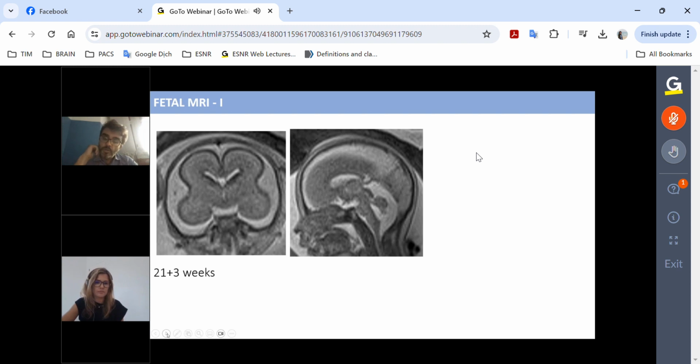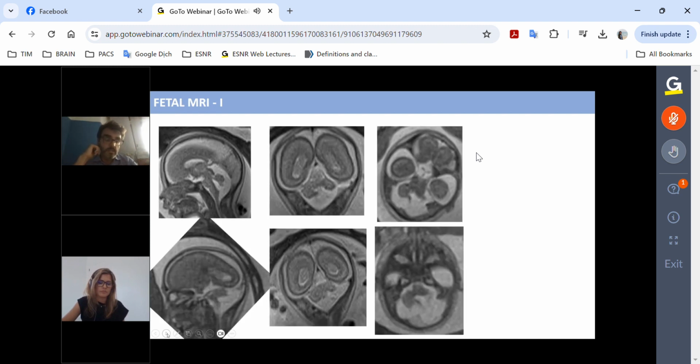This is just to show you that the supratentorial brain is basically normal for a 21-week-old fetus, but the problem is in the posterior fossa. Here you can see that there is clearly an asymmetry between the two sides of the cerebellum, with a large cystic space on the left side, and it looks like the cerebellar hemisphere is damaged.